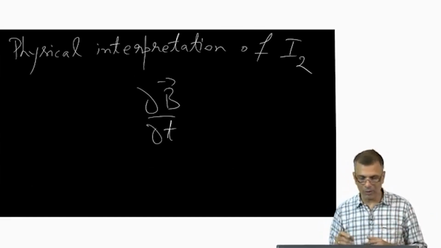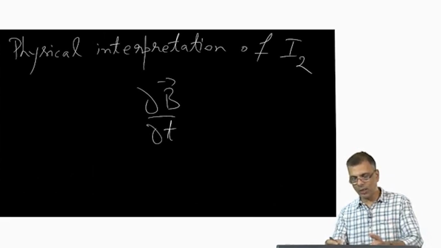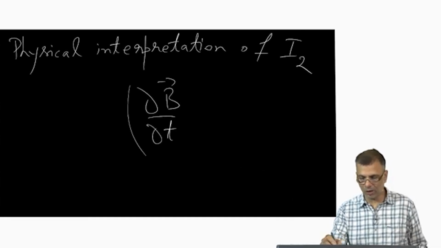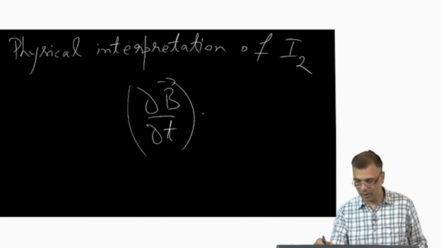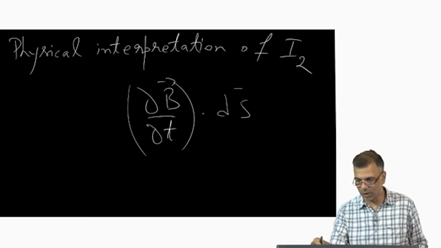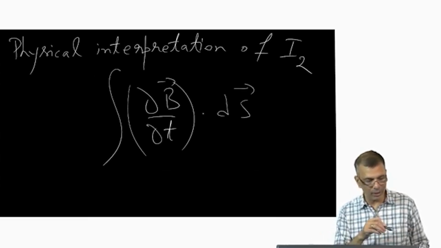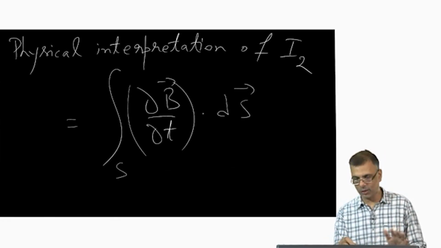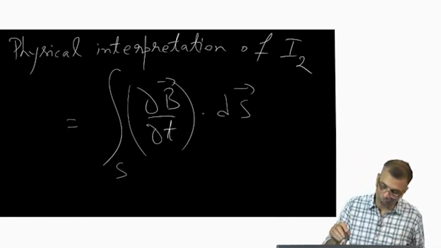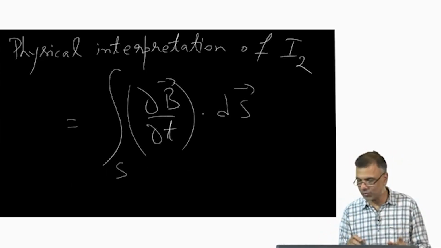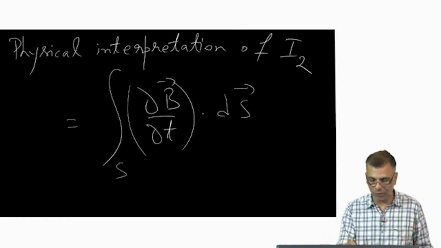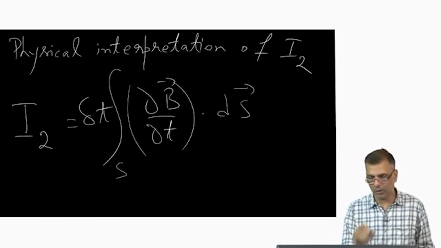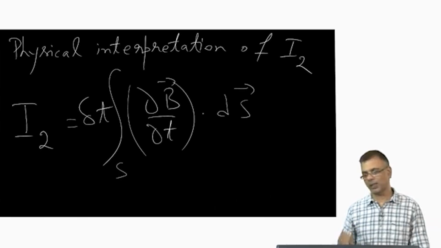So this is the change in B, and of course I would have to integrate over the cross sectional area. This gives me the rate of change of flux, but what I want is not the rate of change of flux, I want the change in flux itself, for which I should multiply by a dt, and this is I2. This is the physical interpretation of I2.